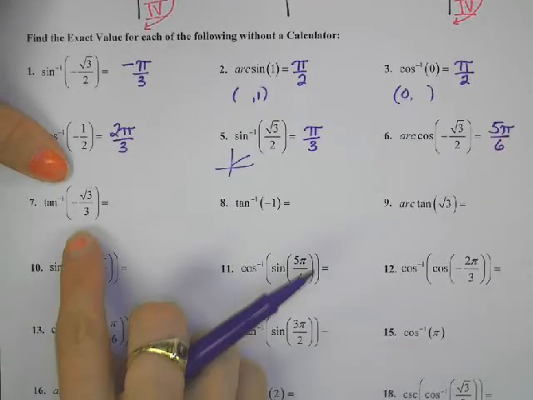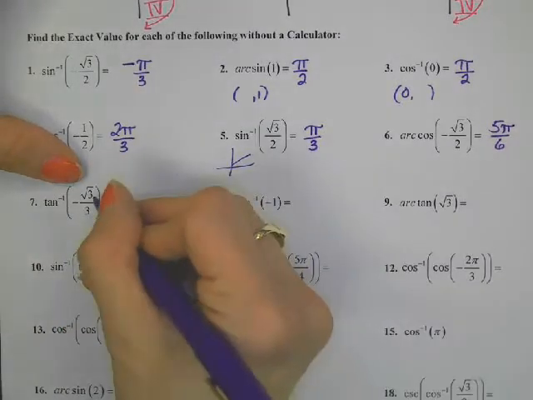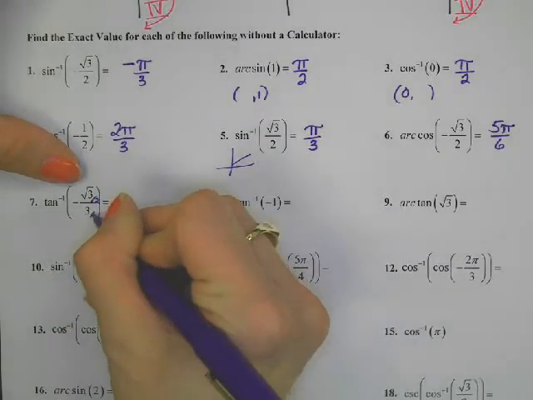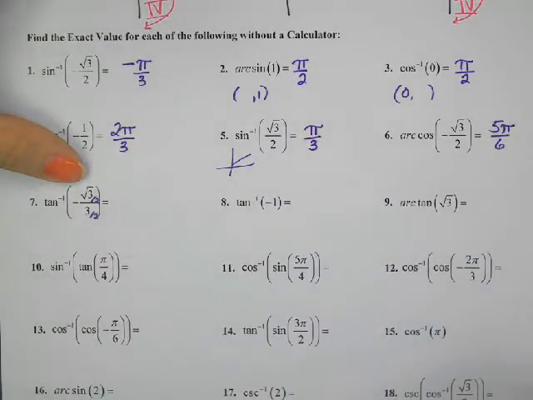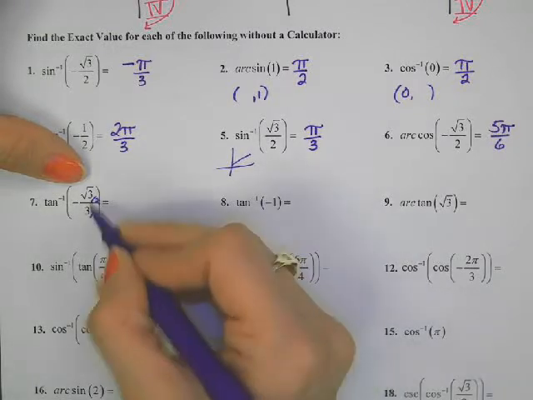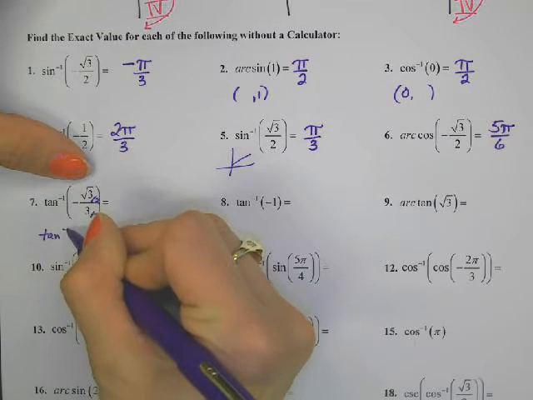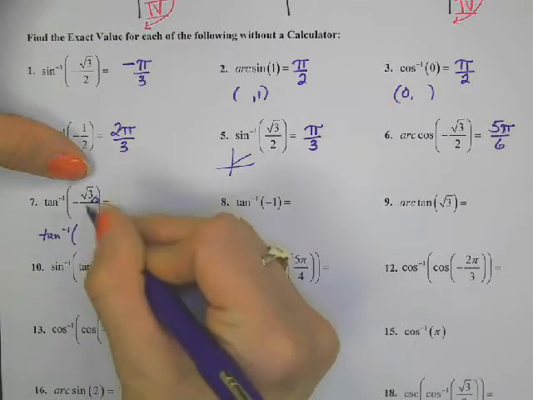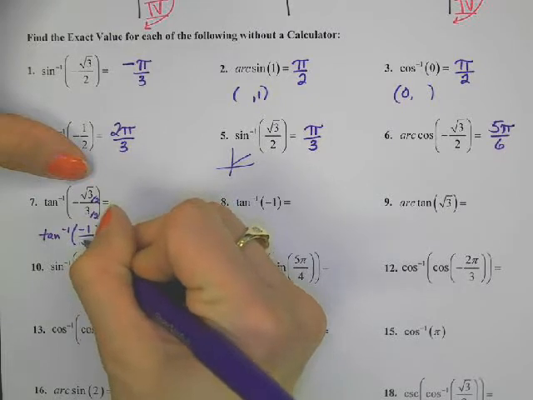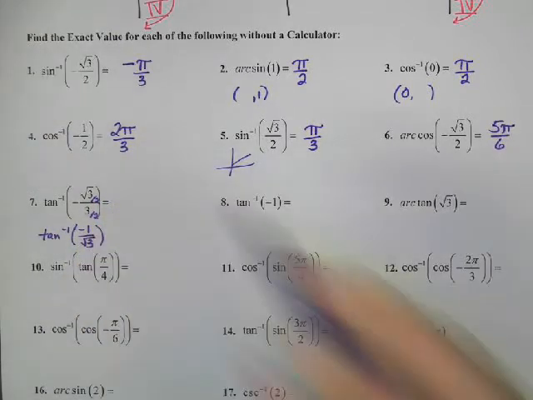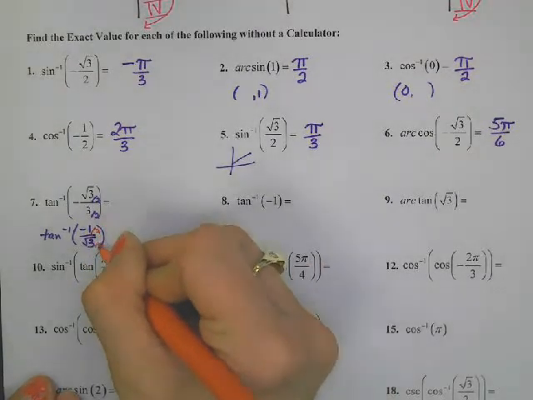Okay. Here's a fun tangent one. Remember, for tangent, we have to do the over 2 trick. That's the sine over cosine. That is not something I recall from unit circles. So let's go ahead and unrationalize this. Before it got rationalized, it was negative 1 over radical 3. And now we will do the over 2 trick.